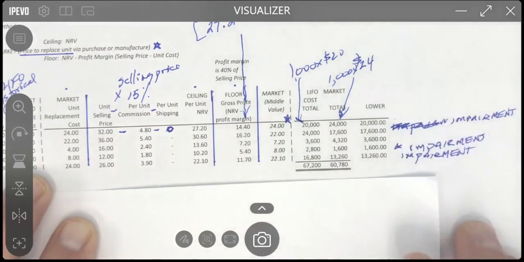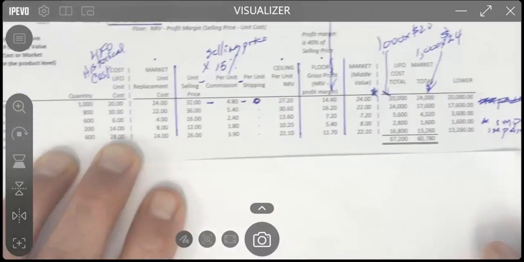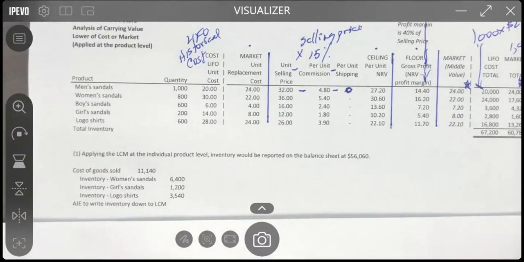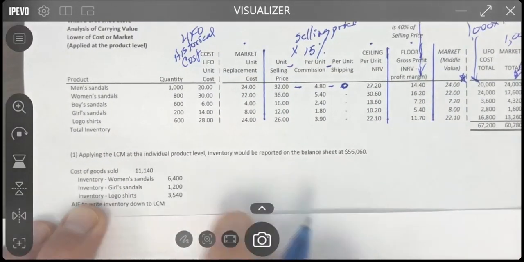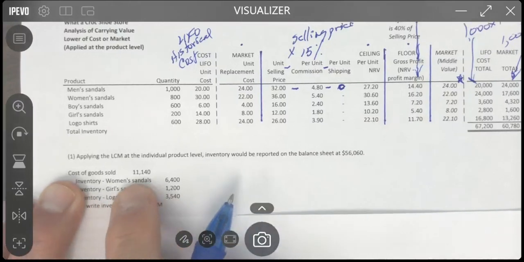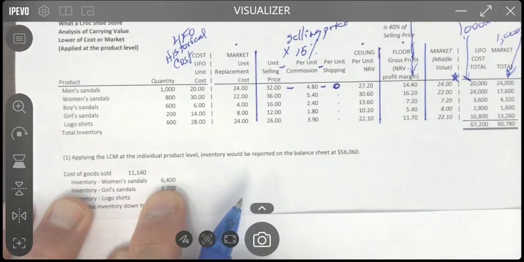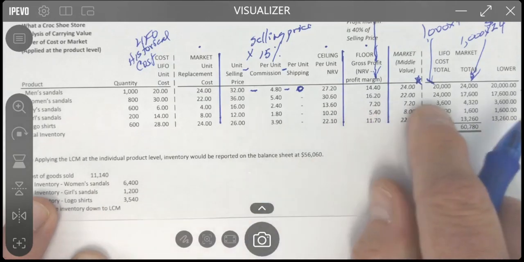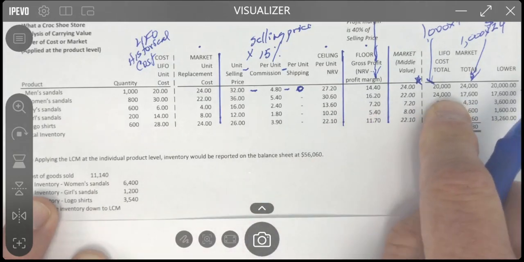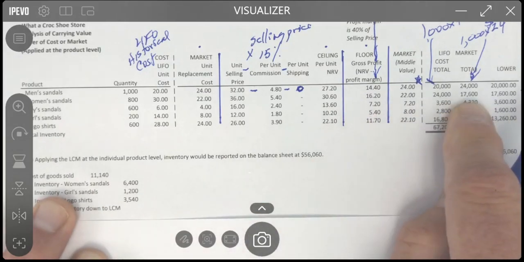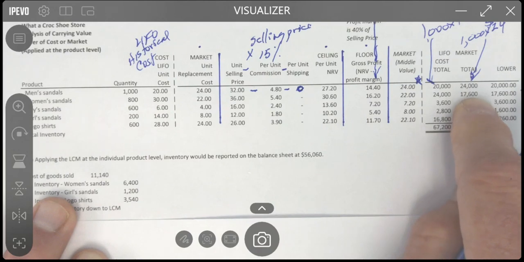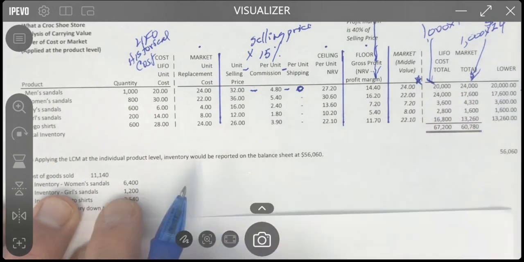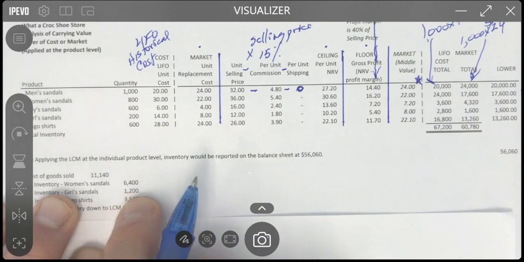So we have an adjusting journal entry. And that adjusting journal entry looks like this, where we put the debit to cost of goods sold, and it's the sum of the write-downs. We wrote down the women's sandals from its current LIFO cost to its market value as calculated. So we had to write it down by $6,400.